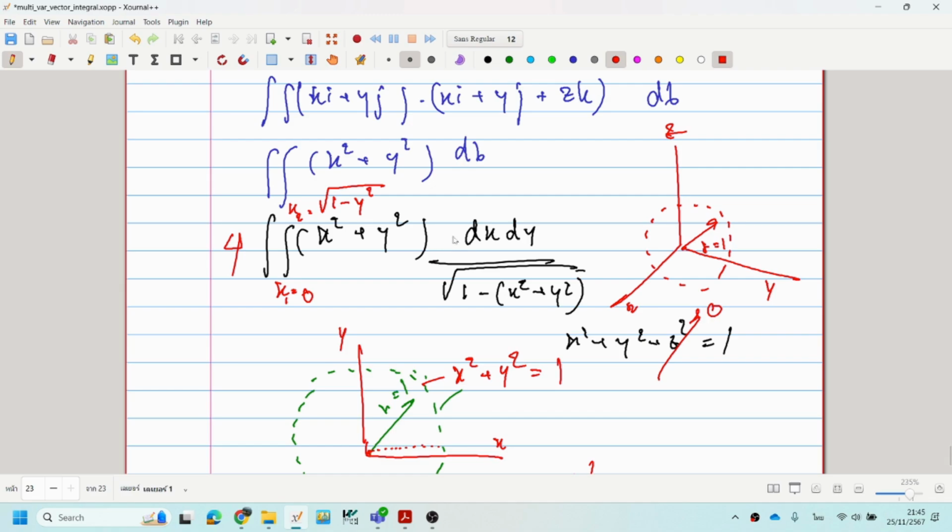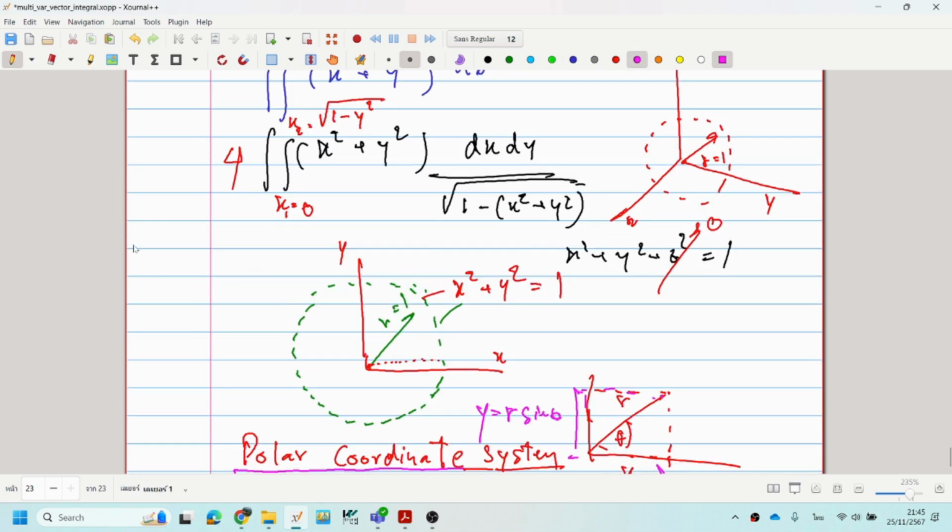It can be interchanged, x and y. Something like this, I will write here: the integrand x squared plus y squared, dy dx.